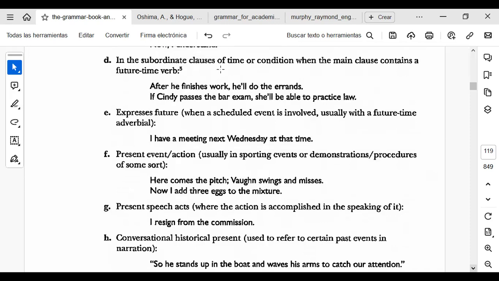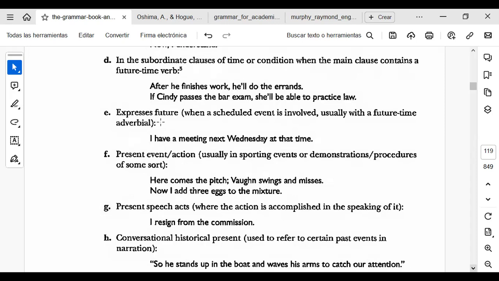The subordinate clause you have to write in simple present. If Cindy passes her exam, she will be able to practice law. So you have a future. Okay, but this is talking about subordinate clauses of time and condition. Okay. And also when the second one has a future.